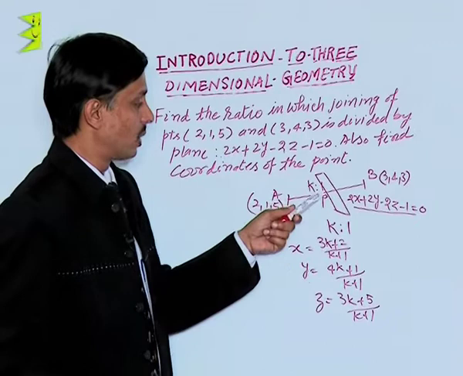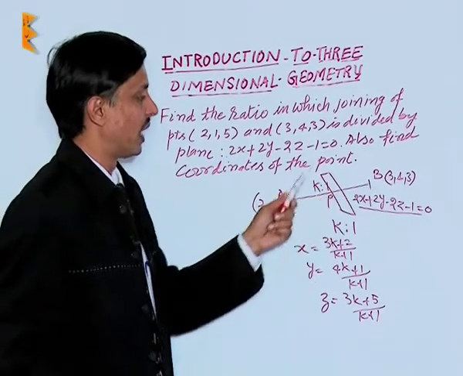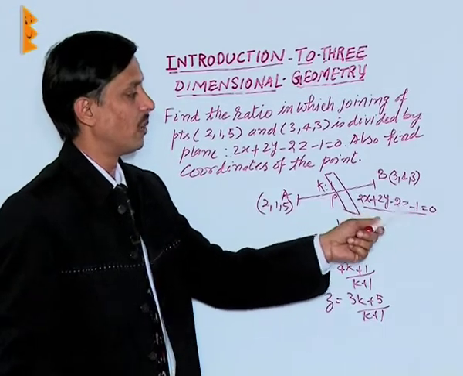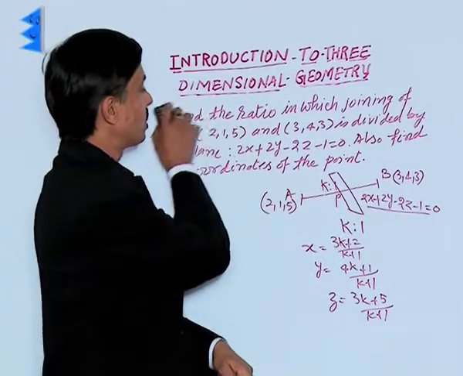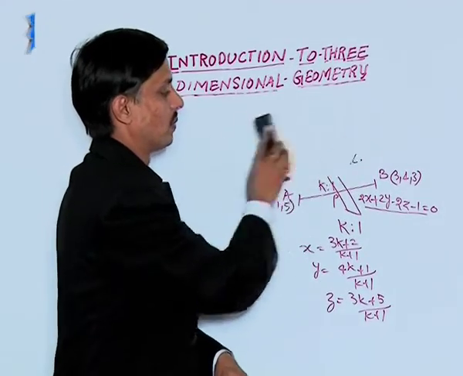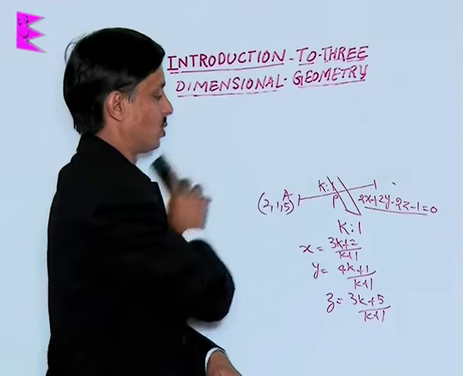Now, as this point is common between the line and the plane, the values of x, y, z will satisfy our plane whose equation is 2x + 2y - 2z - 1 = 0.